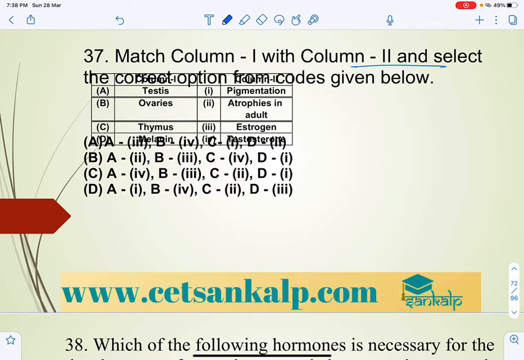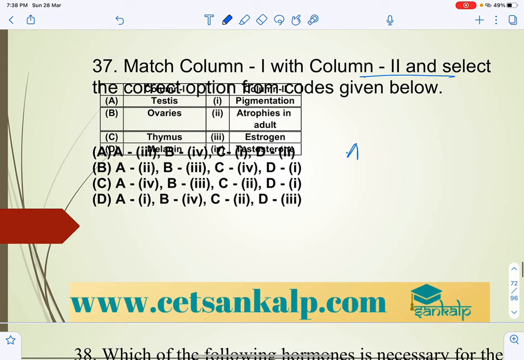So A4, that is testosterone, and ovaries B estrogen 3, and thymus C thymosin, which atrophies in adults. So B3 and C2, atrophies in adults.